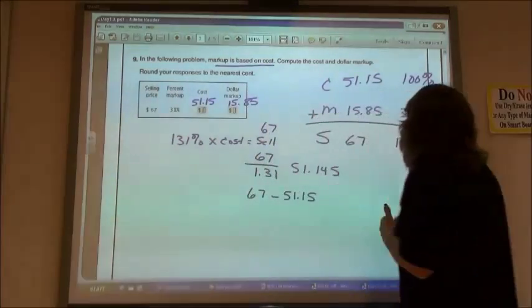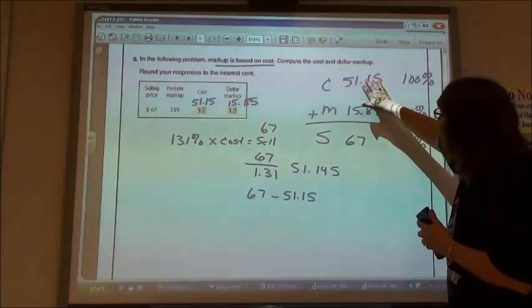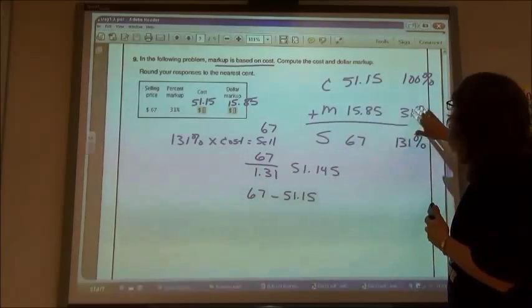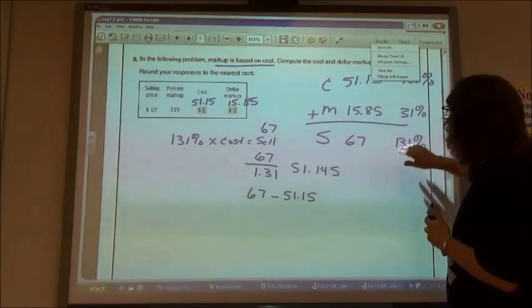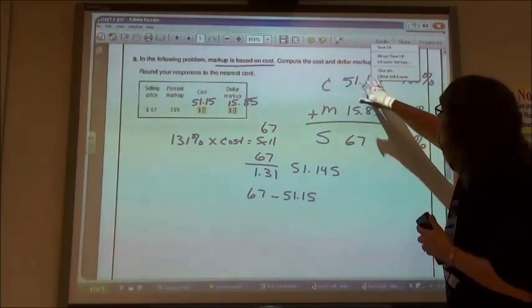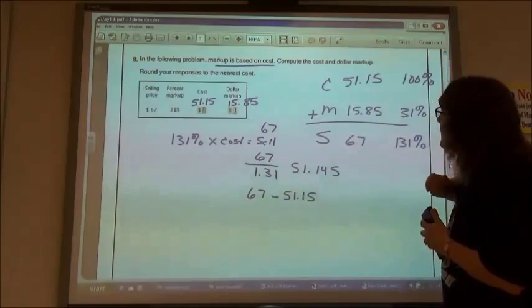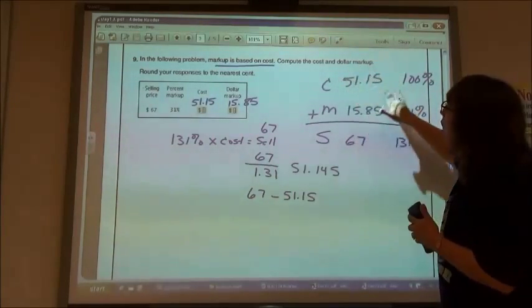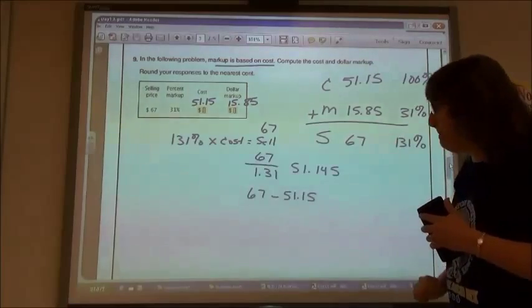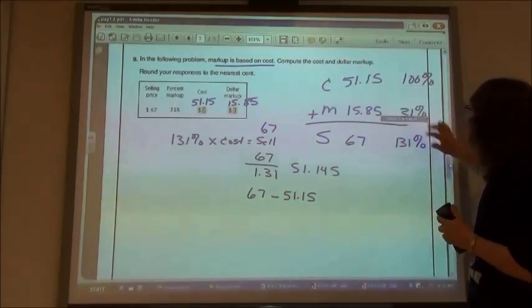So all of these, 100% of 51.15 is 51.15. 31% of 51.15 is 15.85. 131% of 51.15 is 67. All of those should relate to each other, the cost being the base every time, at least on these ones.